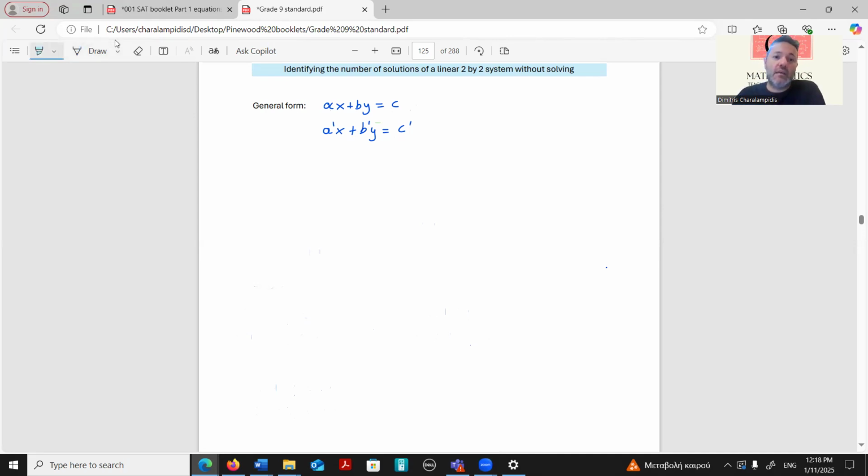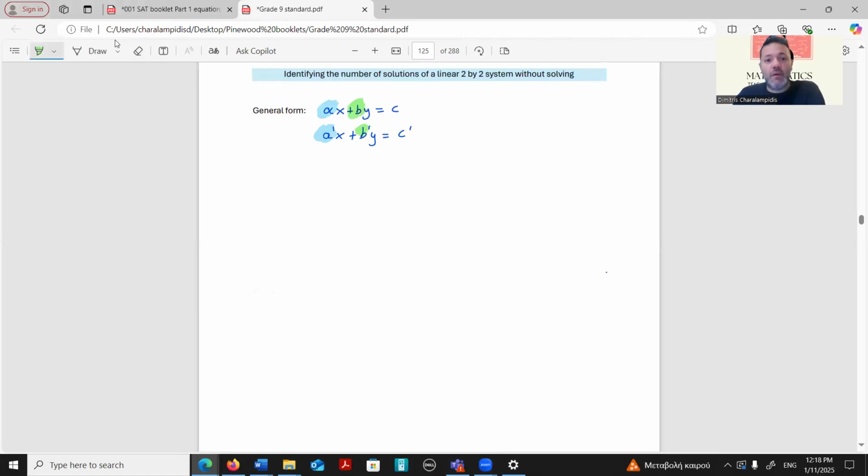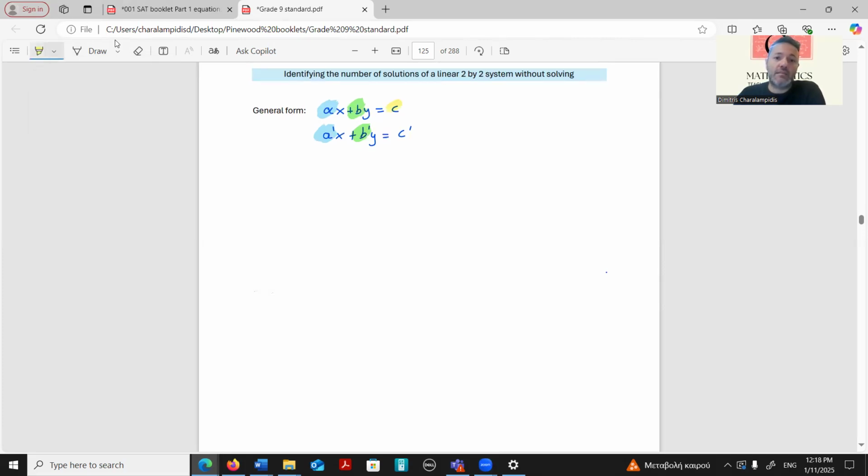You can see that a and a prime refer to the coefficients of x's, b and b prime refer to the coefficients of y's, and c and c prime refer to the constant terms. And we will be working with these relations, with the blue values, with the green, and with the yellow ones. Before that, let's see what we expect.